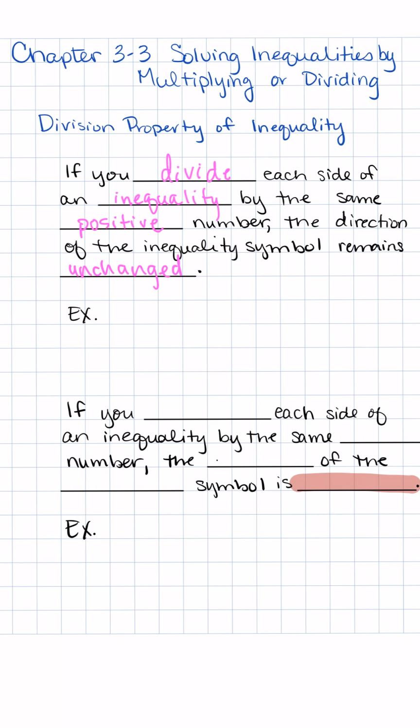So for example, if we had 15 is less than 20 and we divided it by 5, whatever we do to one side, we do to the other, divide that one by 5, the symbol of the inequality remains unchanged. Okay, so if it's positive, it remains unchanged.